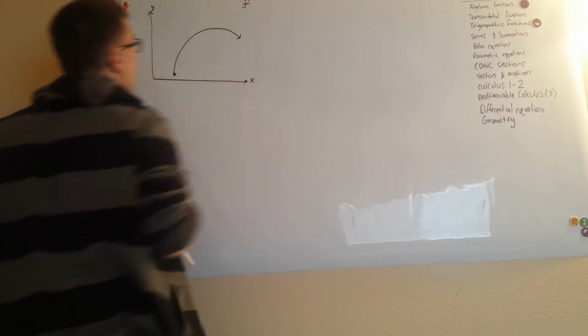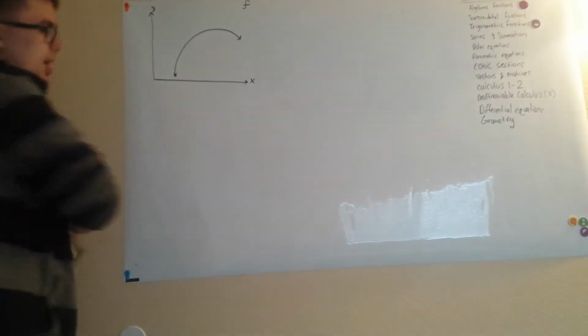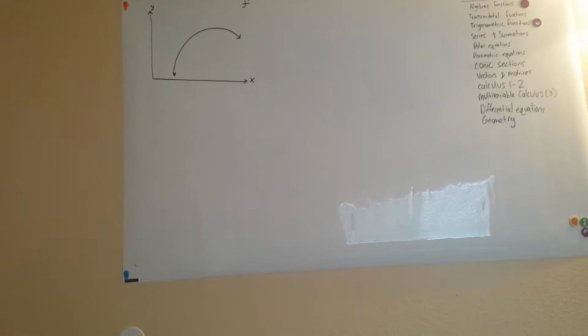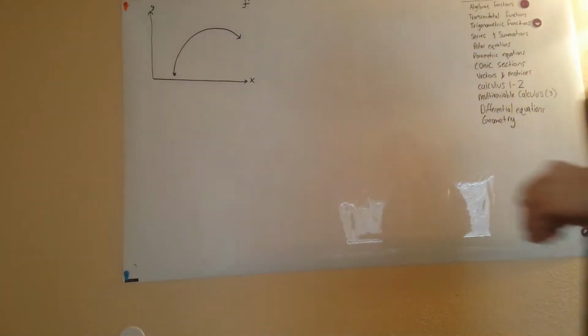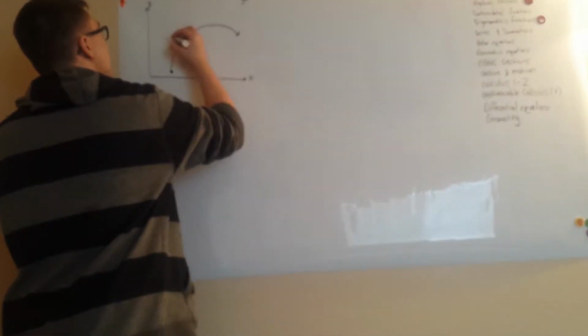This is f. Here's the tangent line problem. The tangent line problem says, okay, we know slopes of a line, but can we find the slope of a tangent line?